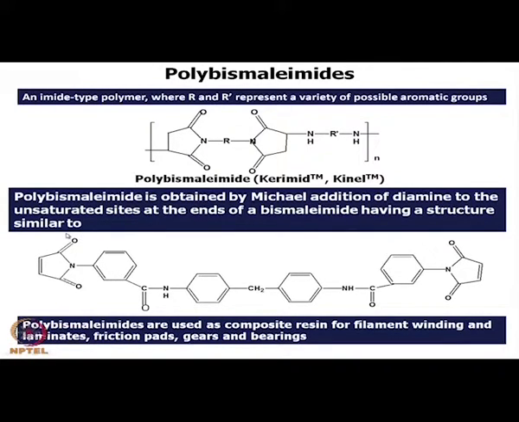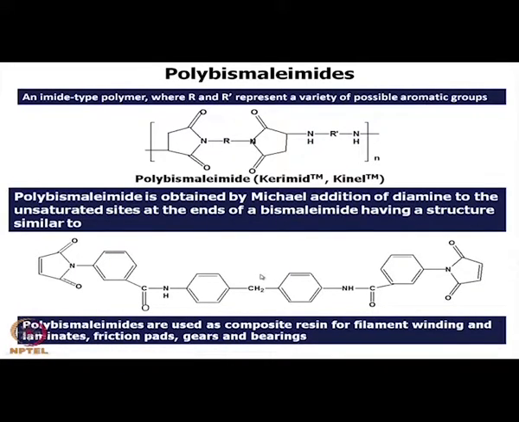In this bismaleimide, the maleimide structure is present at the two ends having unsaturated sites. This is one unsaturated site, here is another. That was exploited to form polybismaleimide by Michael addition of the diamine.